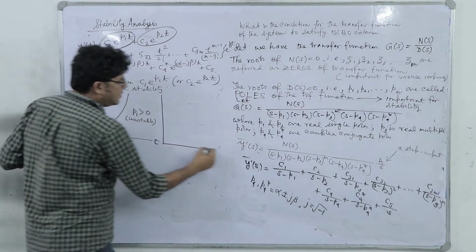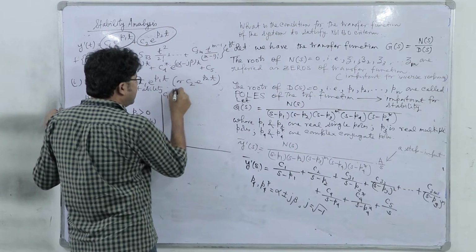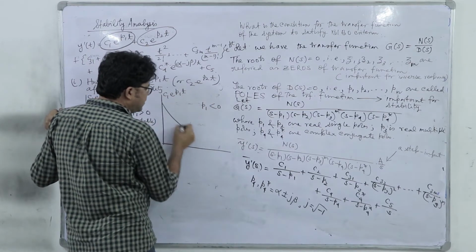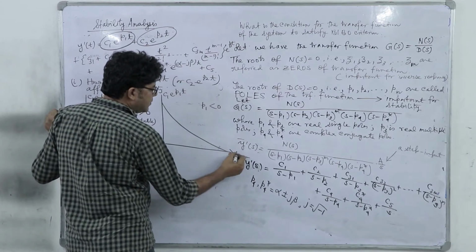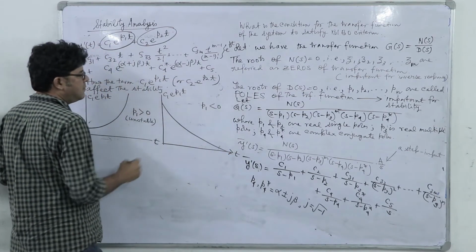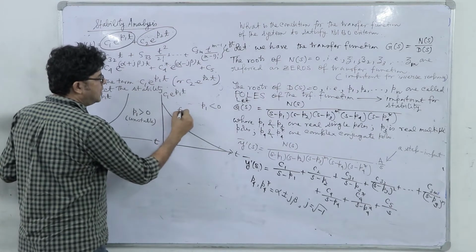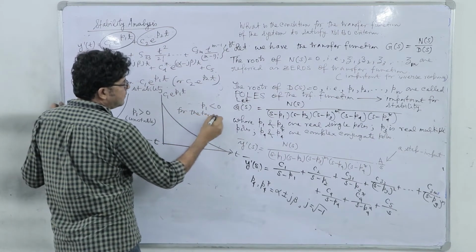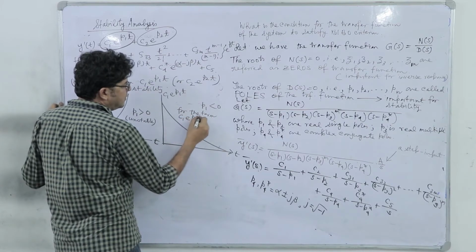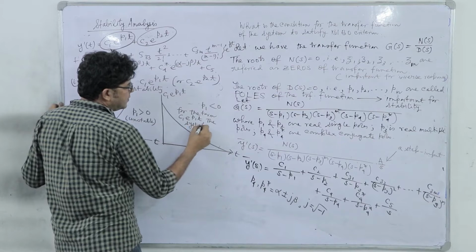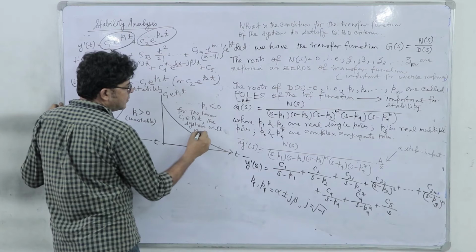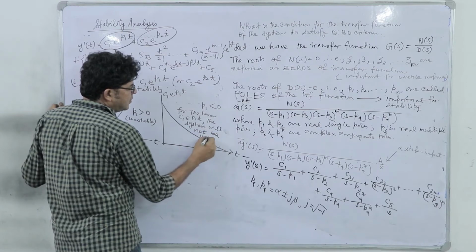Next, if P1 is negative, then it will decay to 0. So for the term C1 into e to the power P1t, the system will not be unstable.